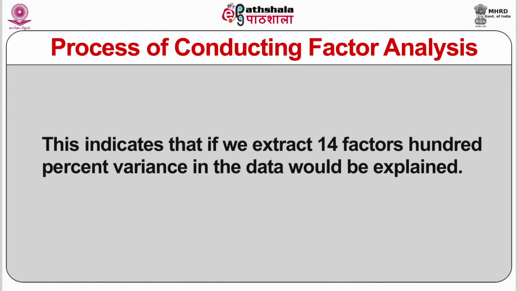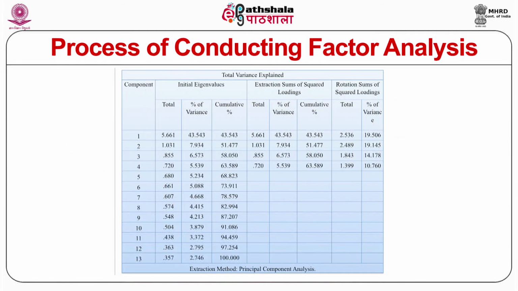This indicates that if we extract 14 factors, 100% variance in the data would be explained. However, if we extract only four factors, 63.589% variance in the data set is explained. Therefore, extraction does lead to loss of information in the data set. Therefore, it is very important for the researcher to know the reasons for conducting factor analysis.